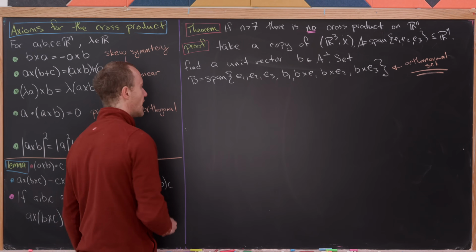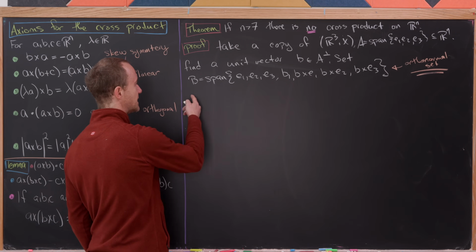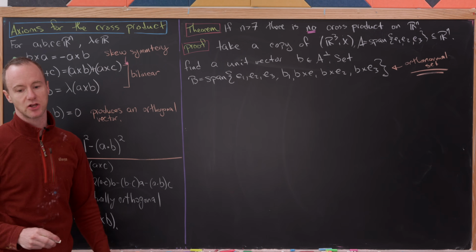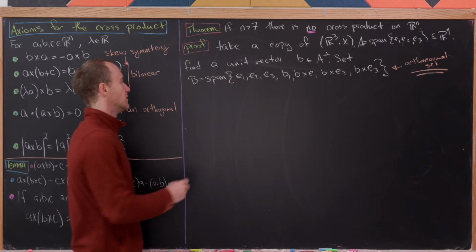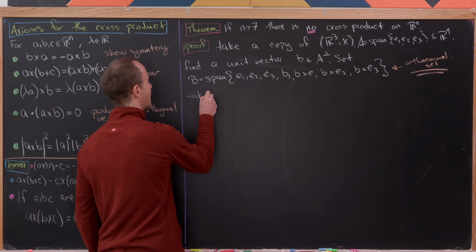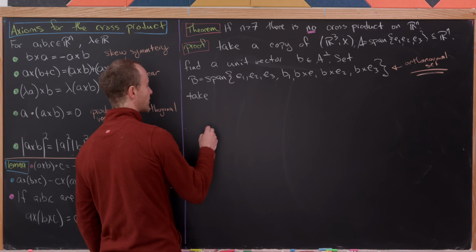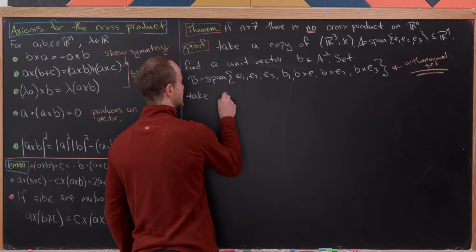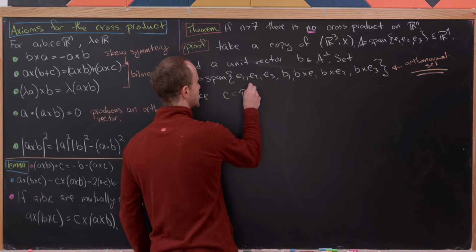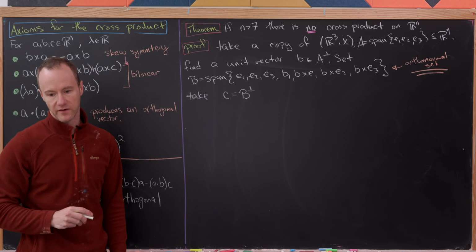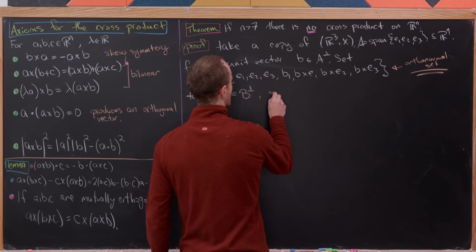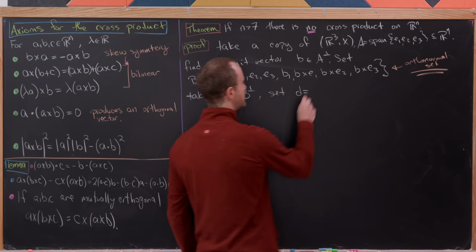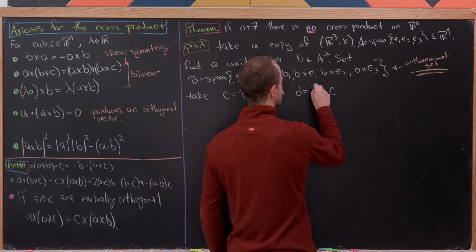And then we know that the dimension of B is 7, like we said before, and we know the dimension of the ambient space is larger than 7. But that means that we can take something in the orthogonal complement of B. So I'll call that thing C. So we've got C, which is in the orthogonal complement of B. And then let's set D equal to B cross C.